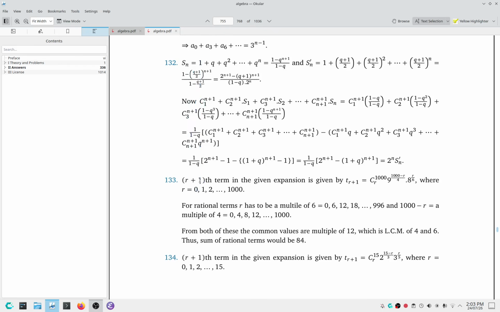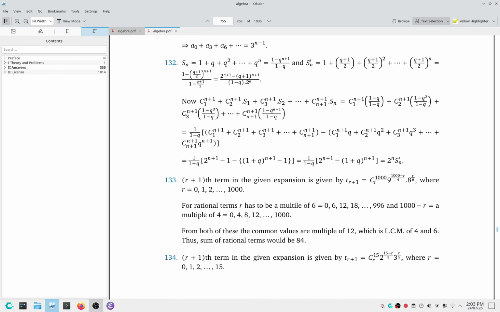So note that this is the (r+1)th term, so r will start from 0 and go up to 1000. Now for the rational terms, r has to be a multiple of 6: 0, 6, 12 and so on up to 996, because it has to be divisible by 6. And 1000 - r should be a multiple of 4, because in the denominator we have 4.